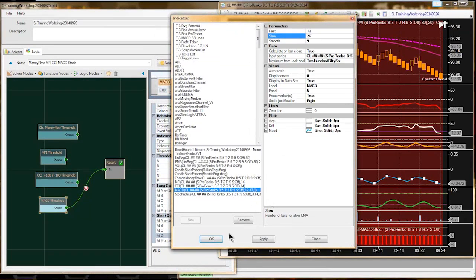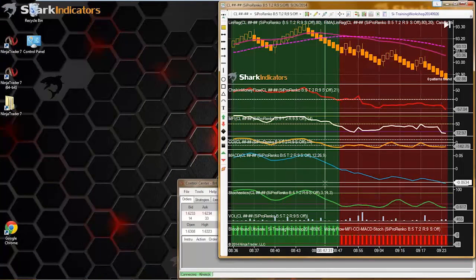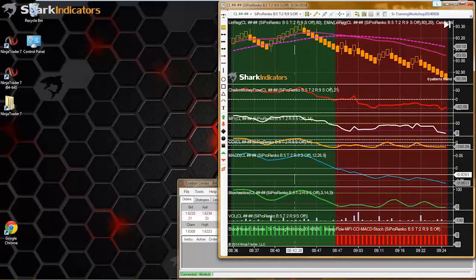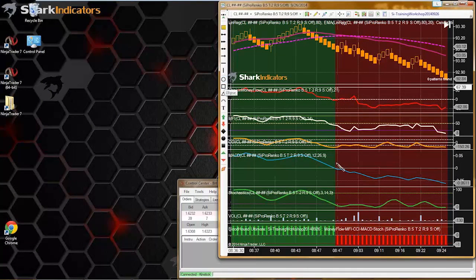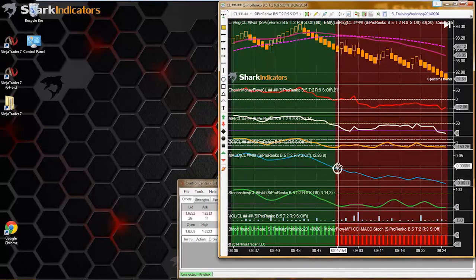Basically override my previous default. Now we can see BloodHound matches that crossover point, so BloodHound's now matching what we see on the chart.